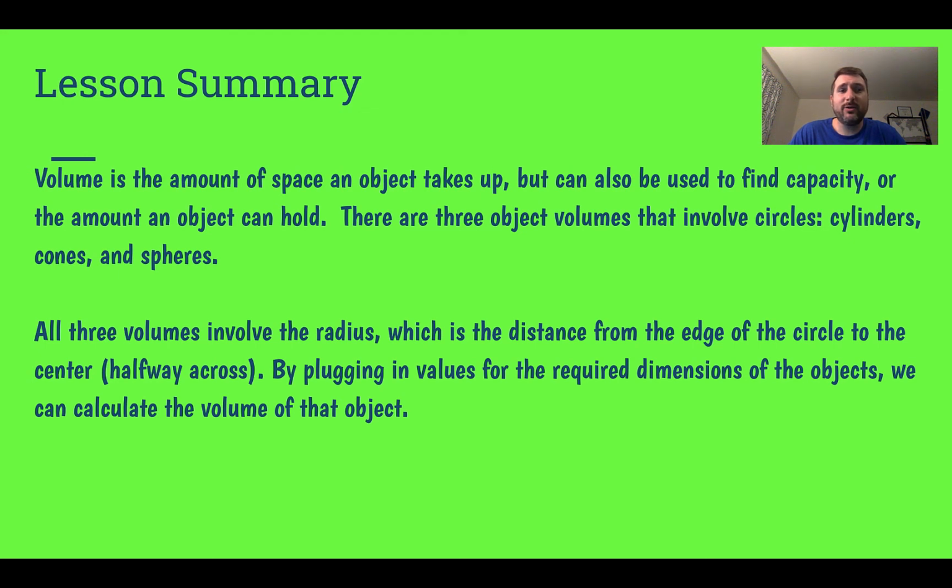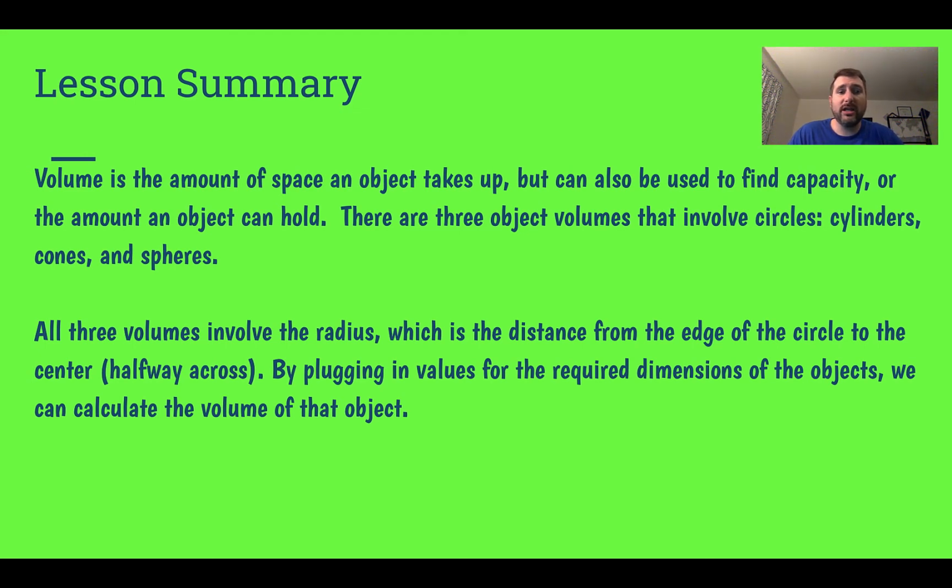In this lesson, we learned that volume is the amount of space that an object takes up, but can also be used similar to capacity, which is the amount that an object can hold. We learned that there were 3 objects that involve circles: cylinders, cones, and spheres. And they all have similar formulas that involve the radius, pi, and then cones and cylinders involve the height, whereas the sphere involves the radius a third time.